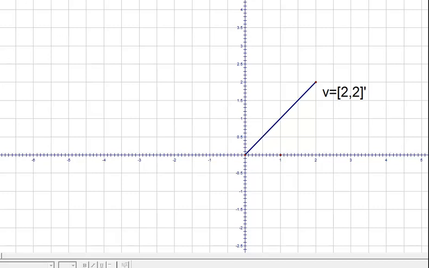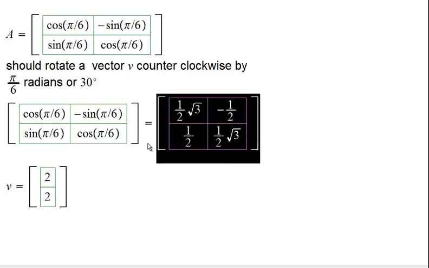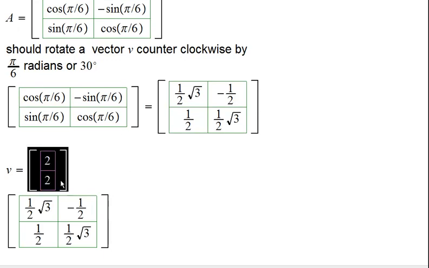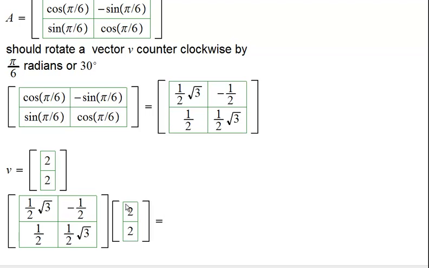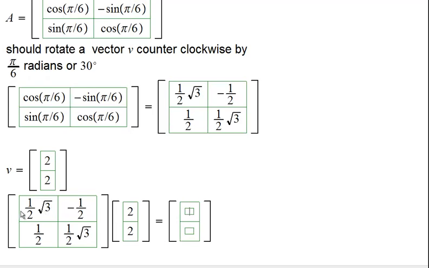And if we multiplied A with the vector (2, 2), a very quick review of the matrix multiplication shows us first what we get. We get this entry times 2.